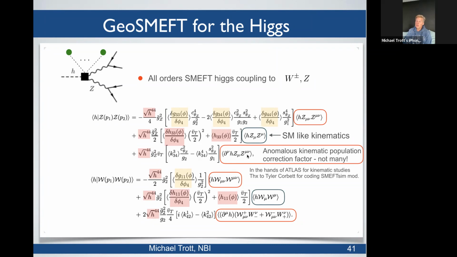It's going to be associated with these different anomalous kinematic populations, which are the things to worry about in terms of acceptance corrections going from dimension 6 to dimension 8. So this way of thinking organizes a little bit more carefully for the experimentalists how to get to these dimension 8 effects and which ones they should worry about the most when they're defining their cuts.